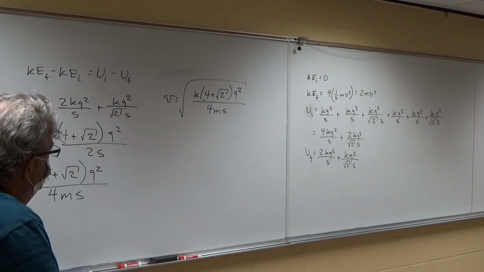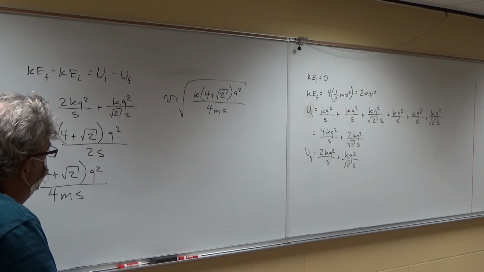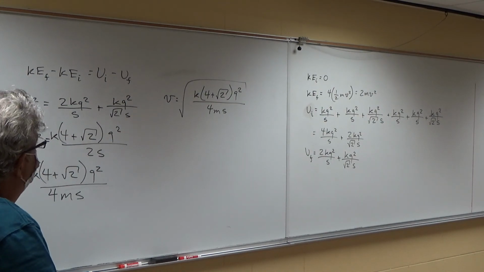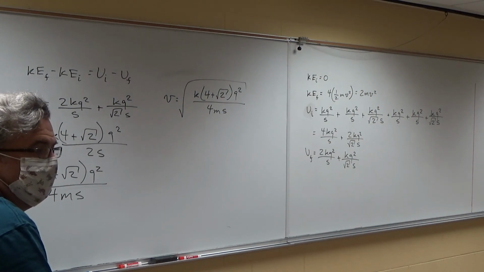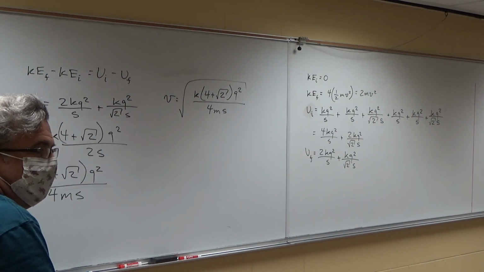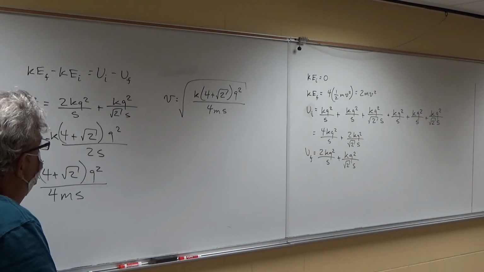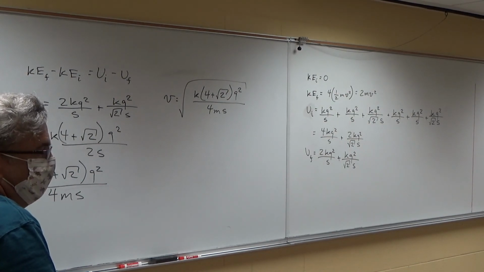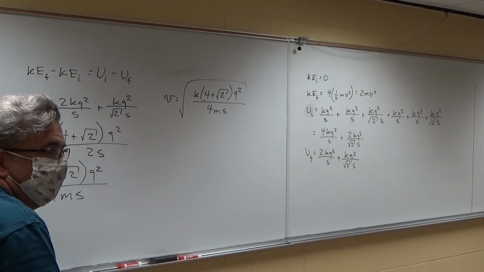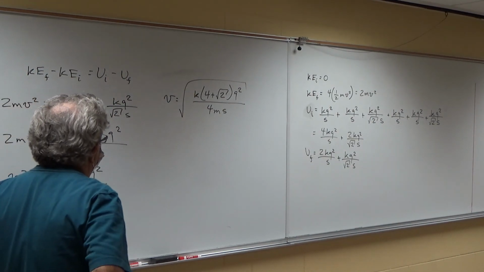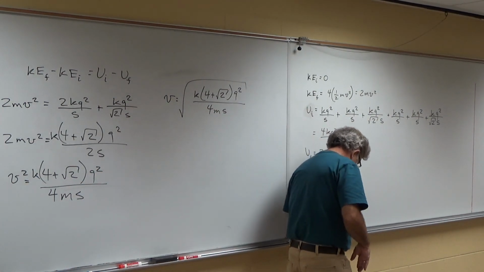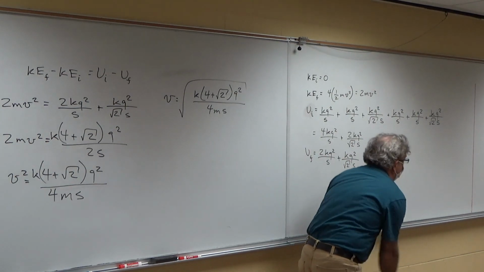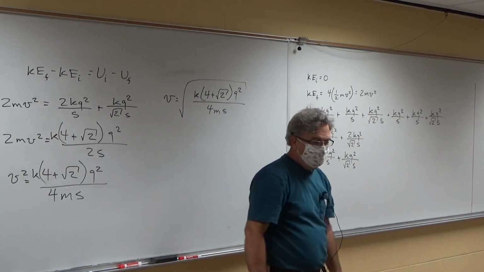Try it with the charge on the electron and the mass of the electron. Give it some distance, see what kind of velocity you get. Pretty fast. Okay. Are there any questions on this conceptually? Not so much the calculation, but yeah.